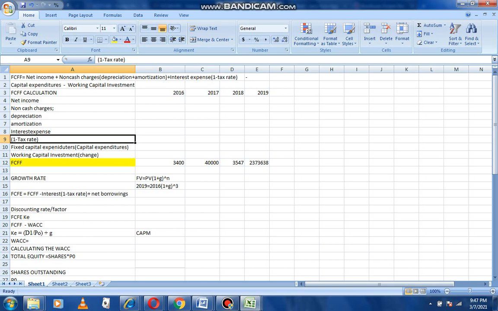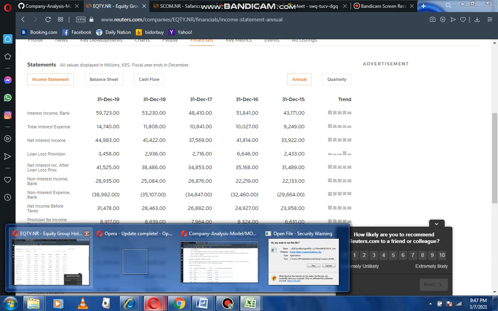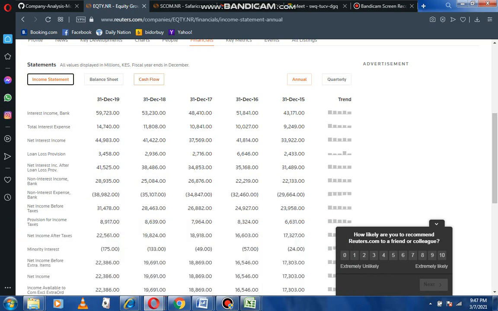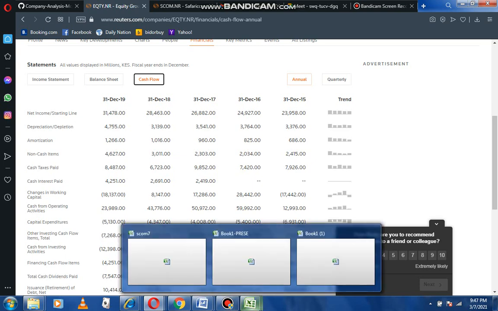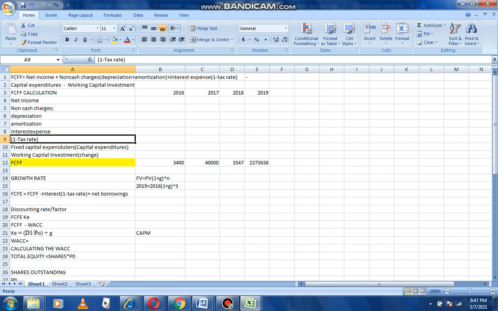Capital expenditures you will get here on Reuters. Let's look here, it is capital expenditures, these are all the figures you are given here. You just pick those figures and put them in Excel. And then minus working capital investment.